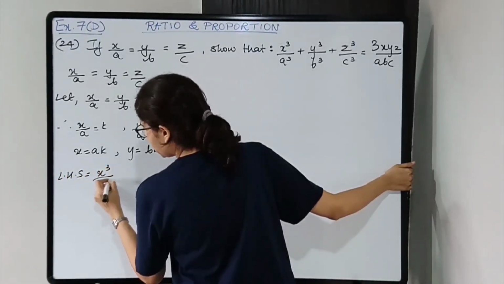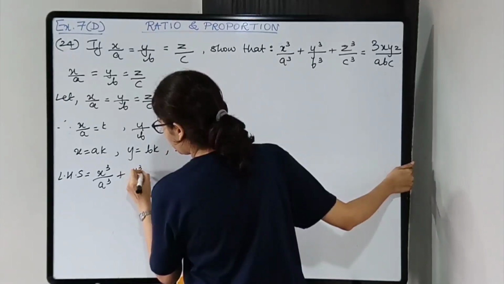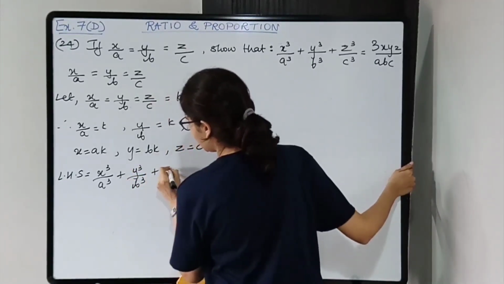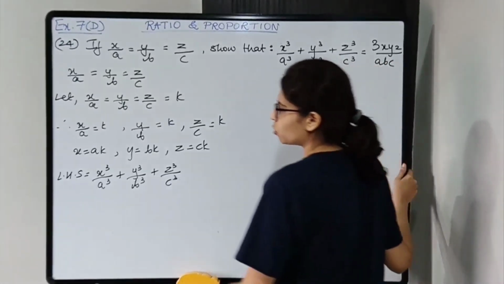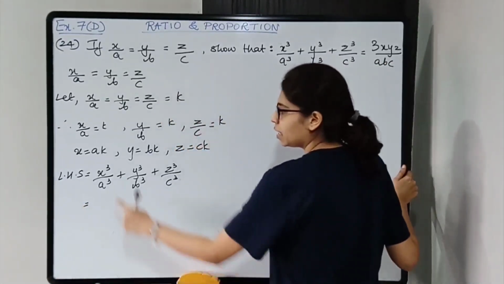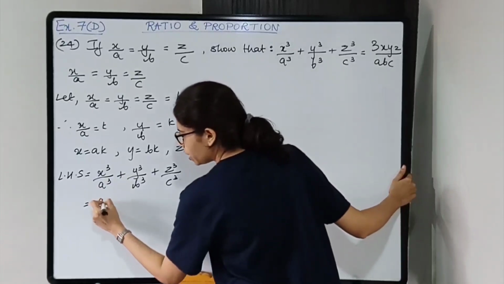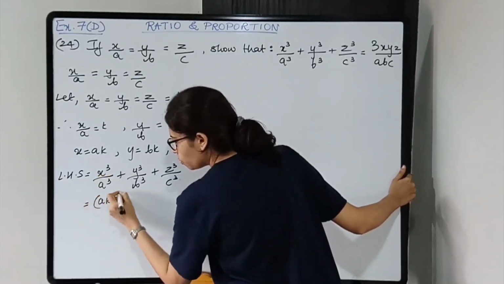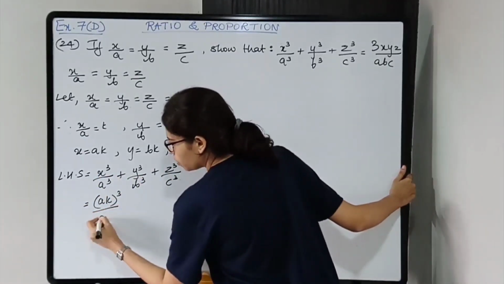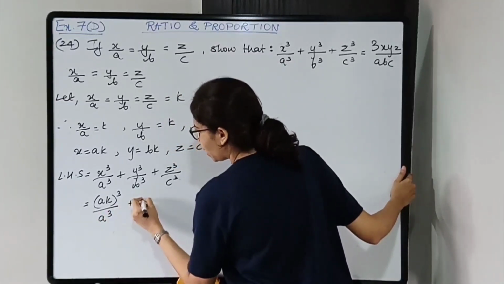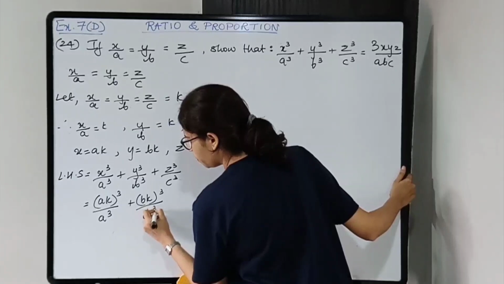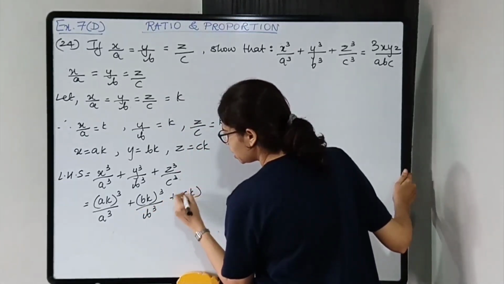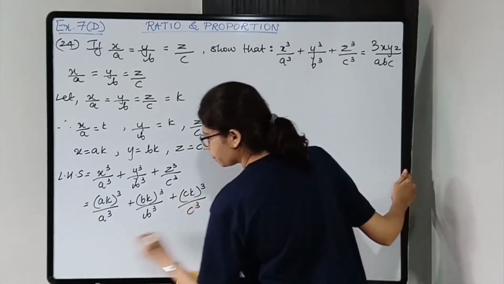x cube upon a cube plus y cube upon b cube plus z cube upon c cube. x is ak, so (ak) cube, put brackets, upon a cube. y cube, so (bk) cube upon b cube. z is ck, so (ck) cube upon c cube.